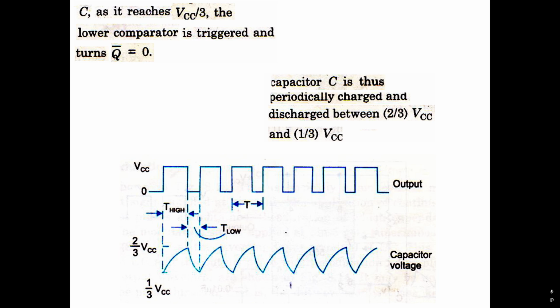During T high, the capacitor charges from 1/3 VCC up to 2/3 VCC, and during T low, the discharge of the capacitor takes place. So the capacitor voltage and the output voltage are shown. T on plus T off, or T high plus T low, gives you the total period.